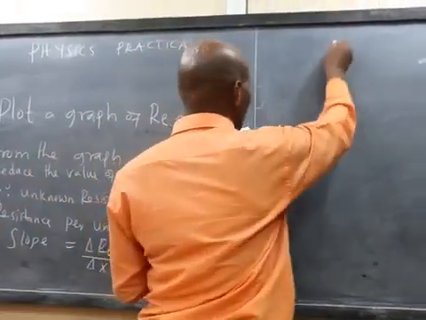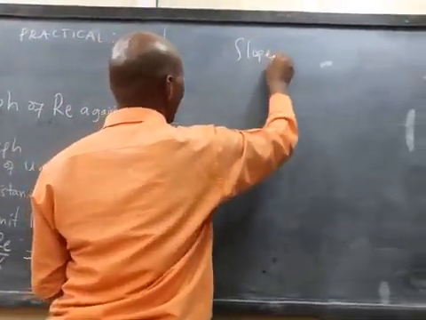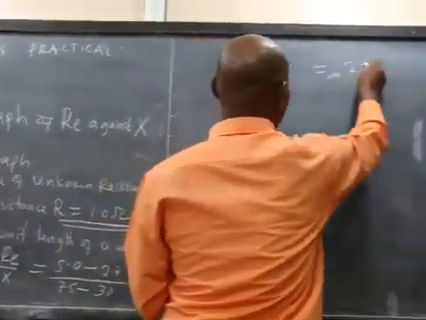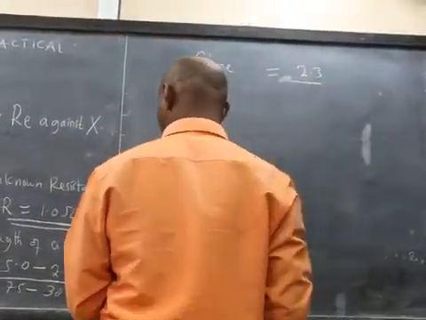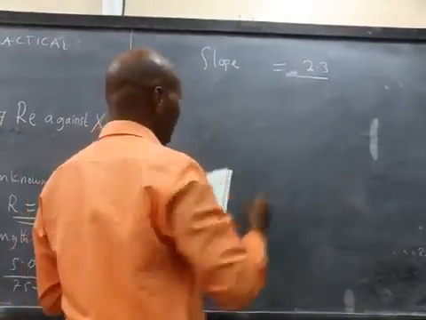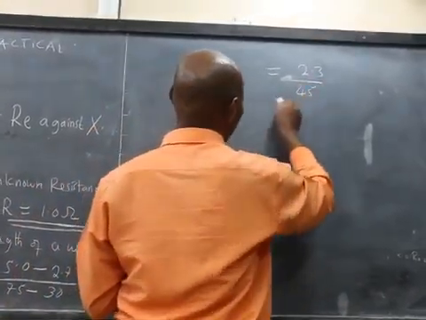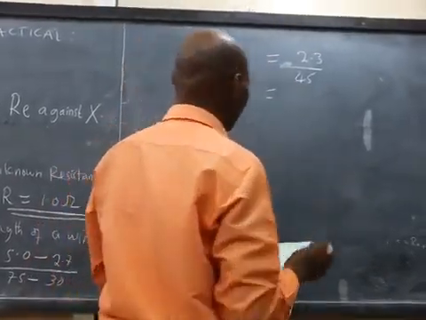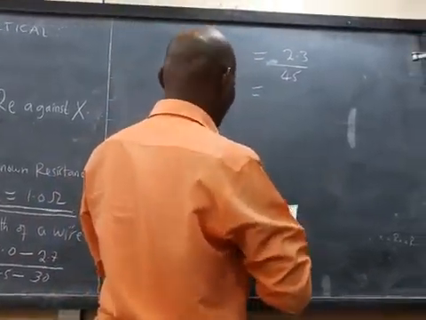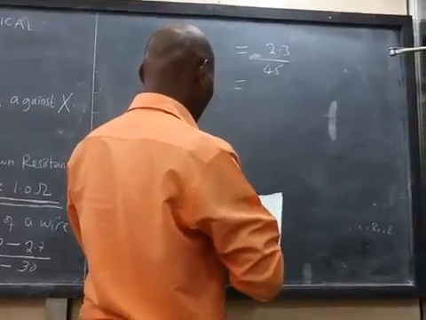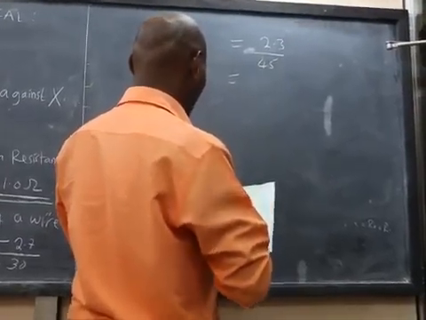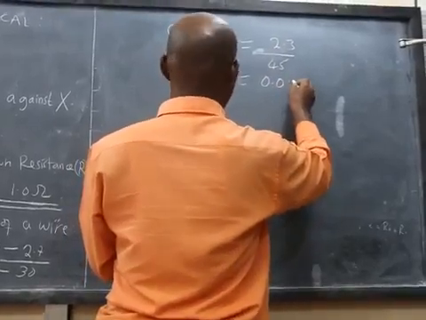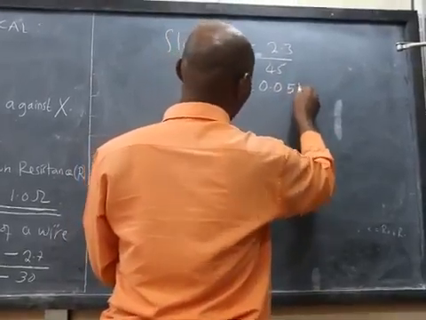Now slope is equal to 2.3 over 75 minus 30, which is 45. So we get 2.3 divided by 45, you get 0.051.